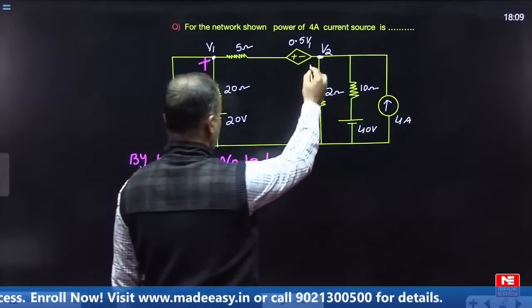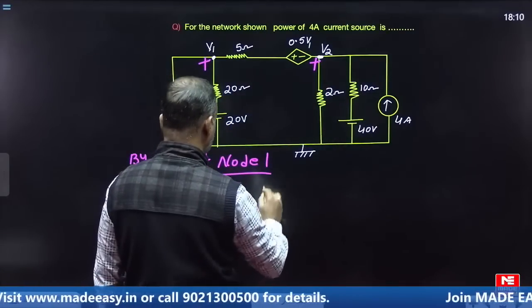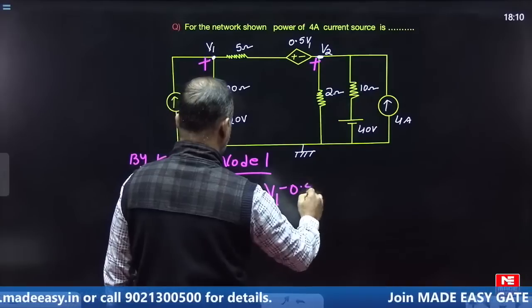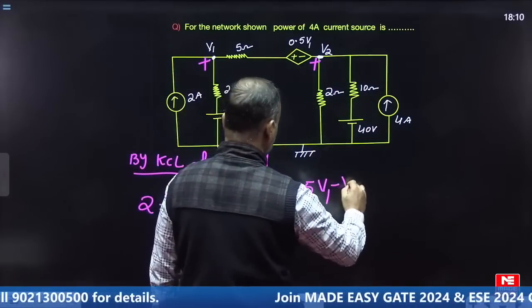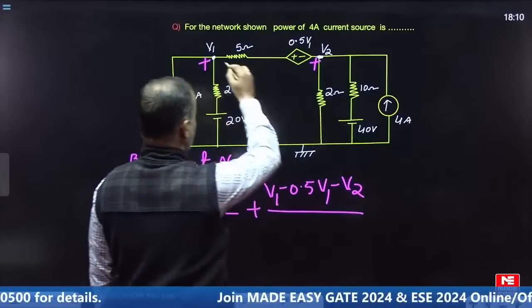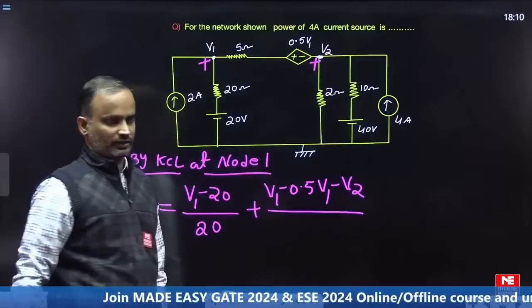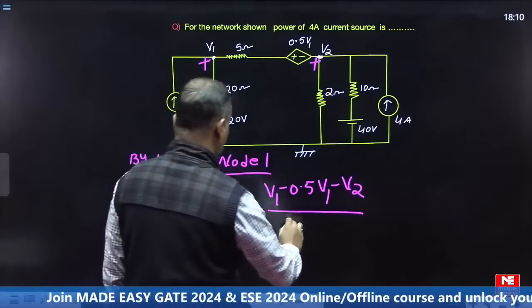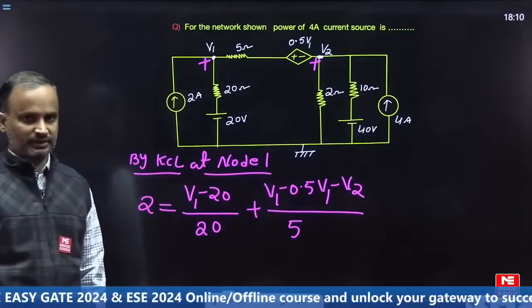With respect to ground potential, the polarity here is also plus, and then subtraction, minus V2. The current of this branch depends on V1, 0.5 V1, as well as V2, with respect to the 5 ohm resistance. Now equation 1 is completed.